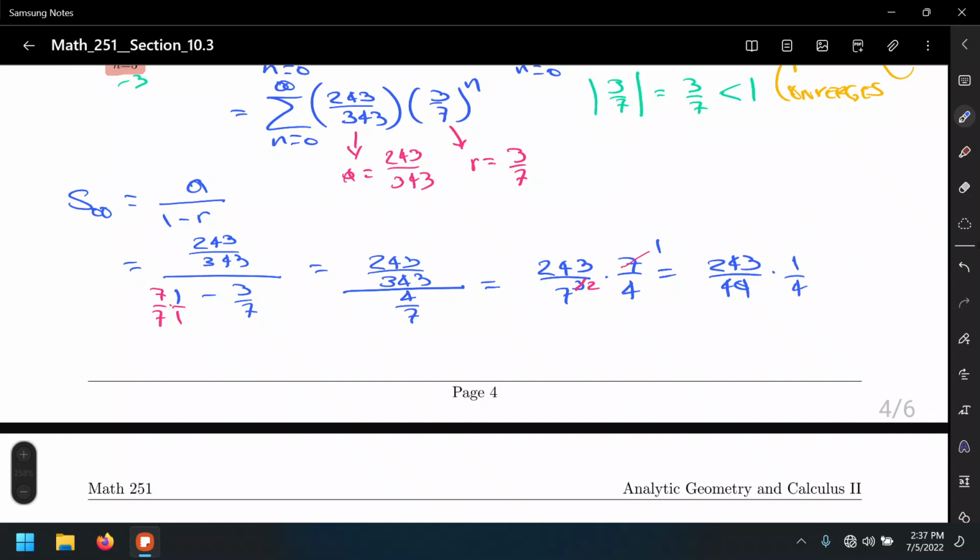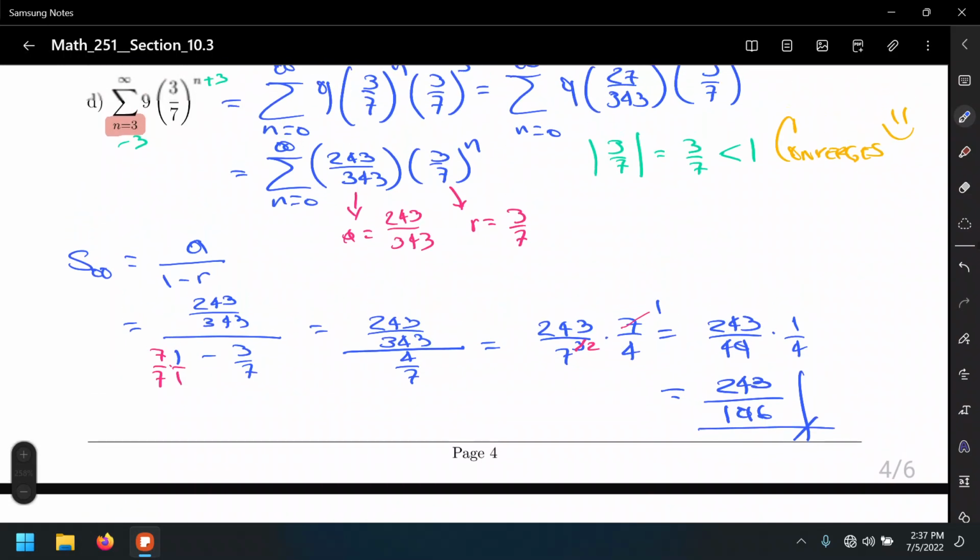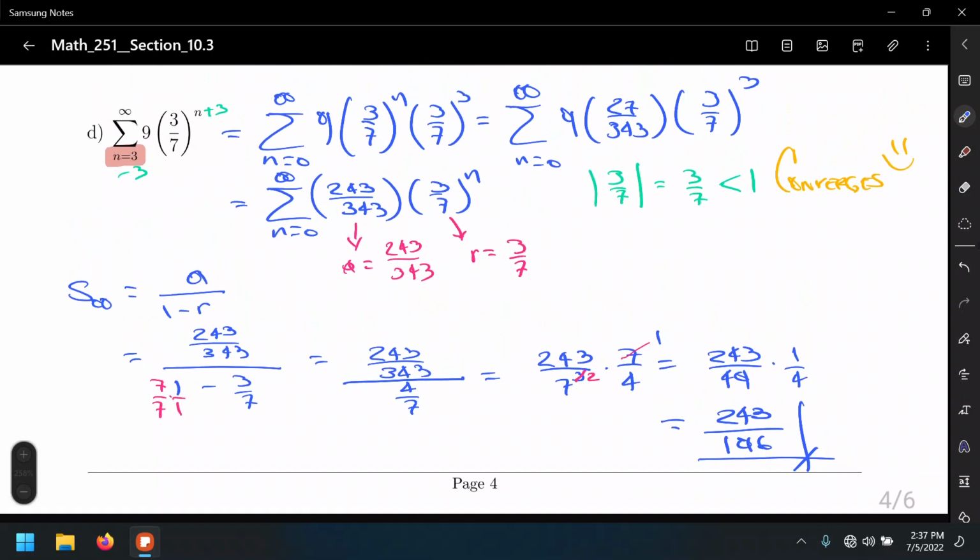So 49 times 4, is that 196? 243 over 196. And that's how we deal with a geometric series in which we have a different starting index and we need to do some work before we can get it into the correct format.